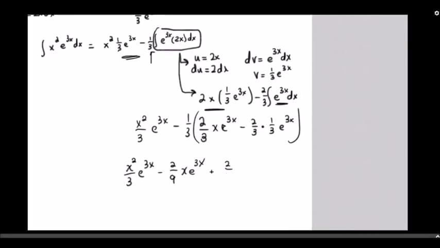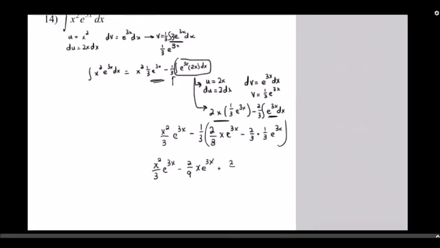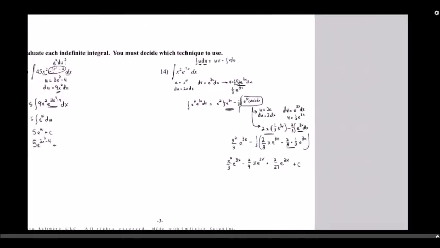Actually, that makes 2/9 there, which multiplied with another 1/3 makes 2/27 e to the 3x plus c. Wow. Okay. Well, that was fun.